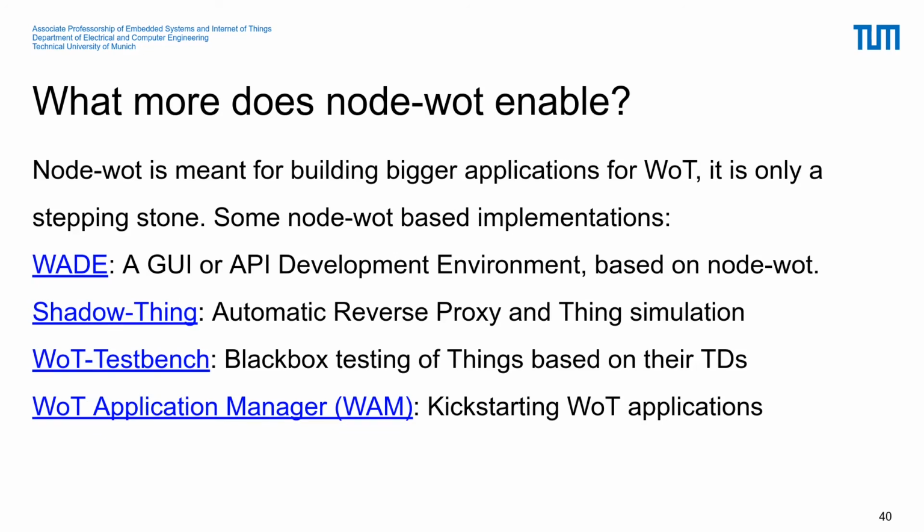There is also the WAM, WoT Application Manager from University of Bologna in Italy, which allows you to kickstart Web of Things applications by providing you an easy way to build a thing by using templates and so on. So if you have an implementation that uses node-wot and builds something even better and bigger, just let us know. We will be happy to include it in this list.